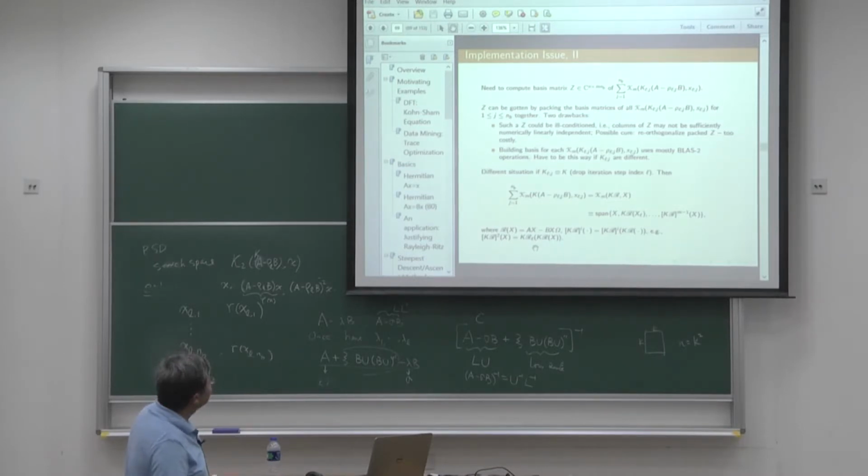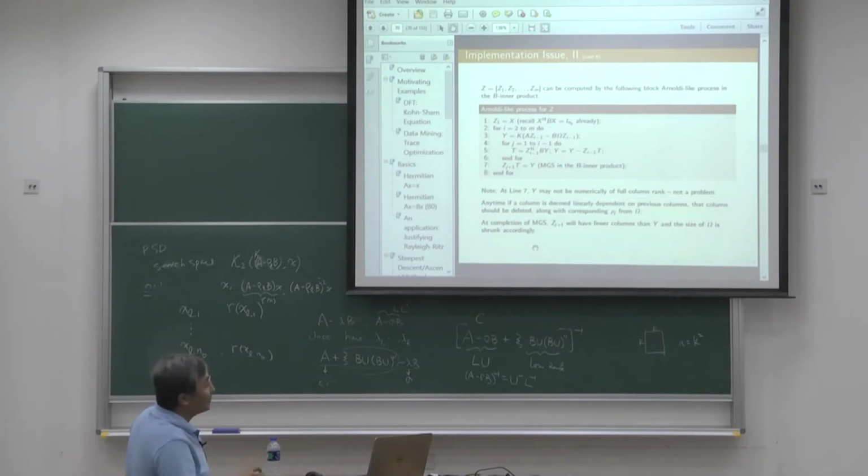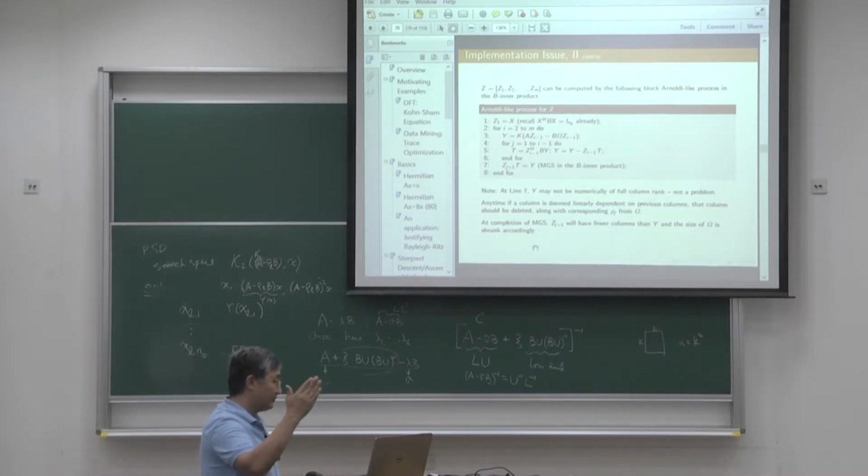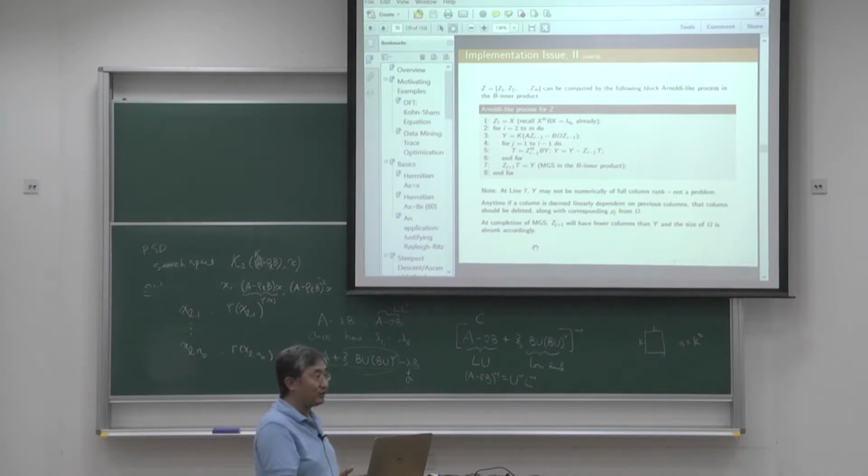And the reason to do that is, with K the same, with M the same, you can basically do an Arnoldi process. The only difference is that anytime you do the Arnoldi process, you do a matrix-vector or block Arnoldi process, a matrix-block-vector operation.